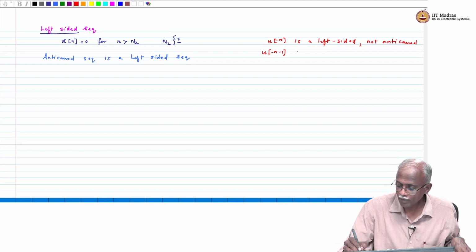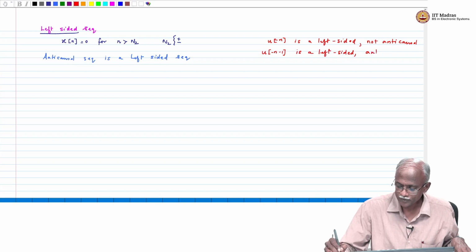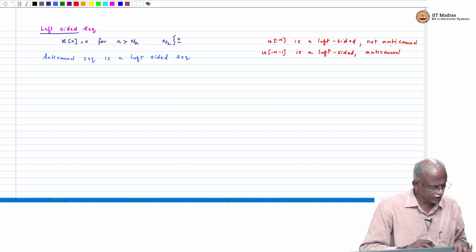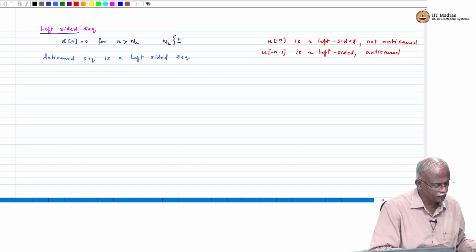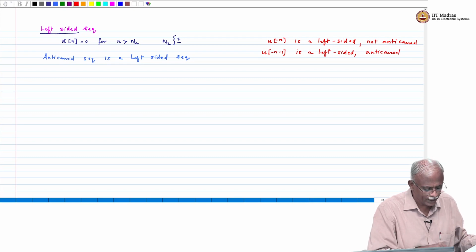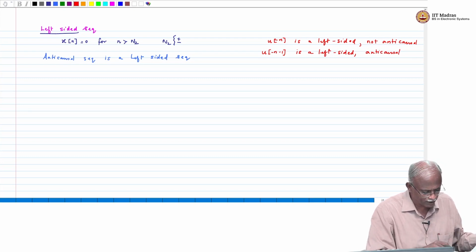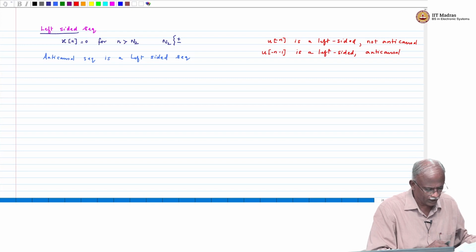On the other hand, u of minus n minus 1 is a left-sided sequence, and it is also anti-causal. It satisfies the properties. So, you should always write down the definitions very, very carefully, so that there is no confusion in your mind as far as the basic definitions that we are referring to.